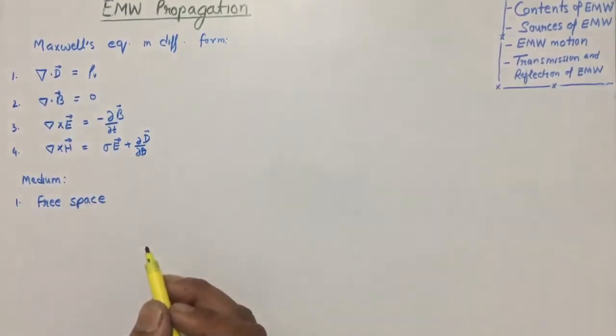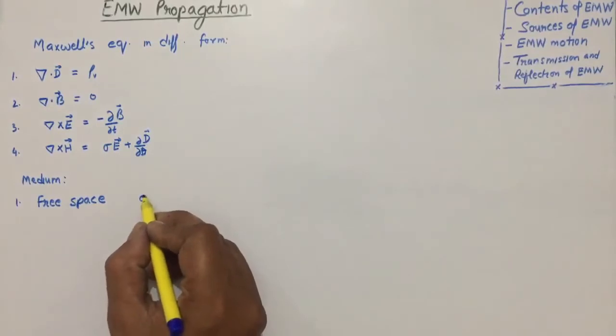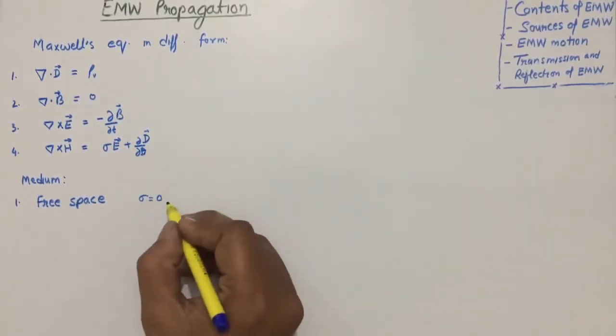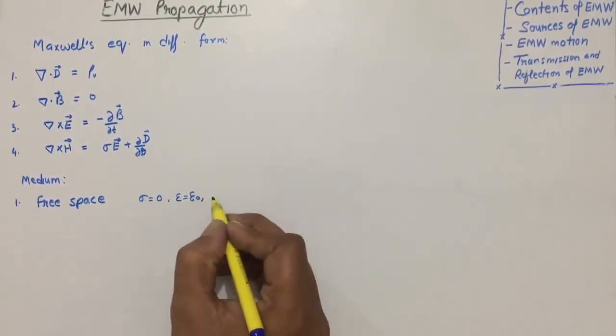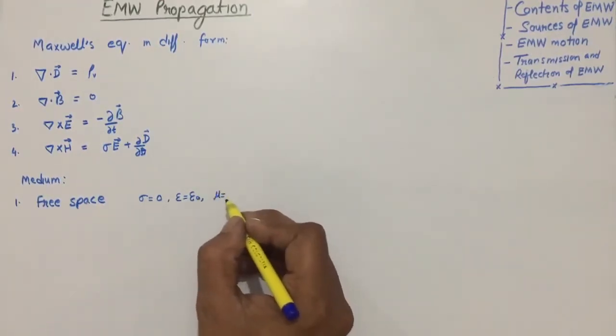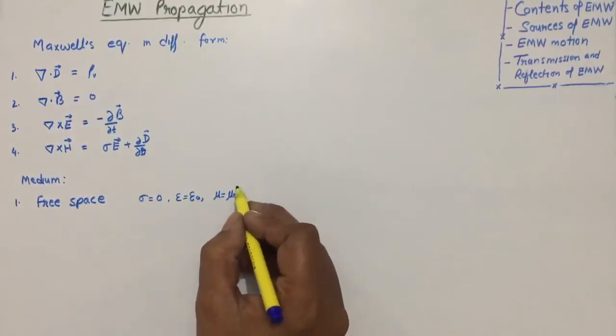Free space means the space has conductivity 0, the permittivity is termed as epsilon naught, and the permeability for free space is termed as mu naught.